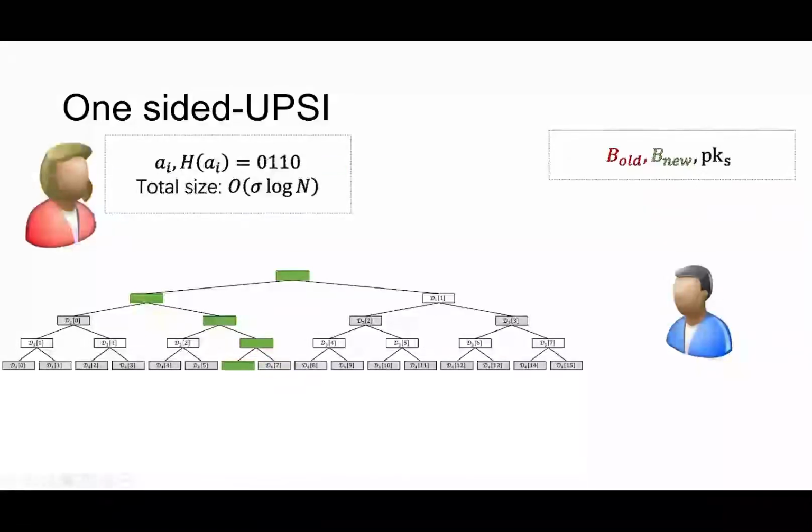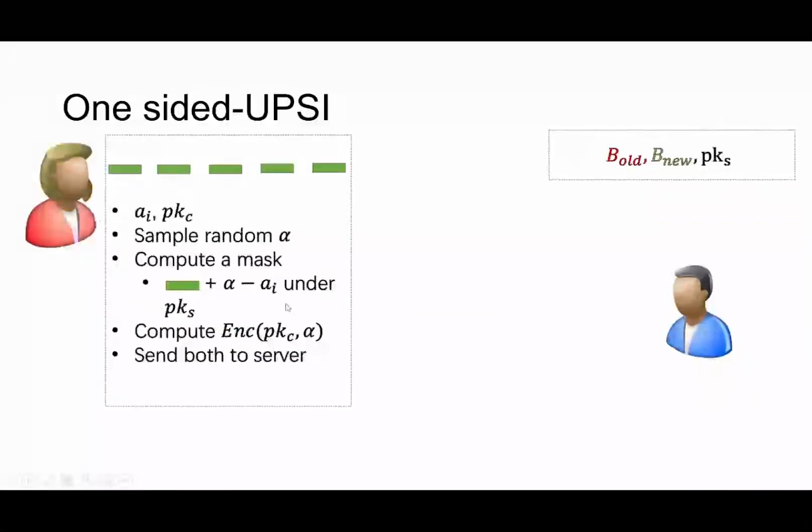If a_i is actually in the B set, a_i must be in one of these bins. So Alice collects all the bins, and she tries to randomize these bins by applying a mask. She computes the mask as bin plus a_i, plus alpha minus a_i, using the server's secret key.